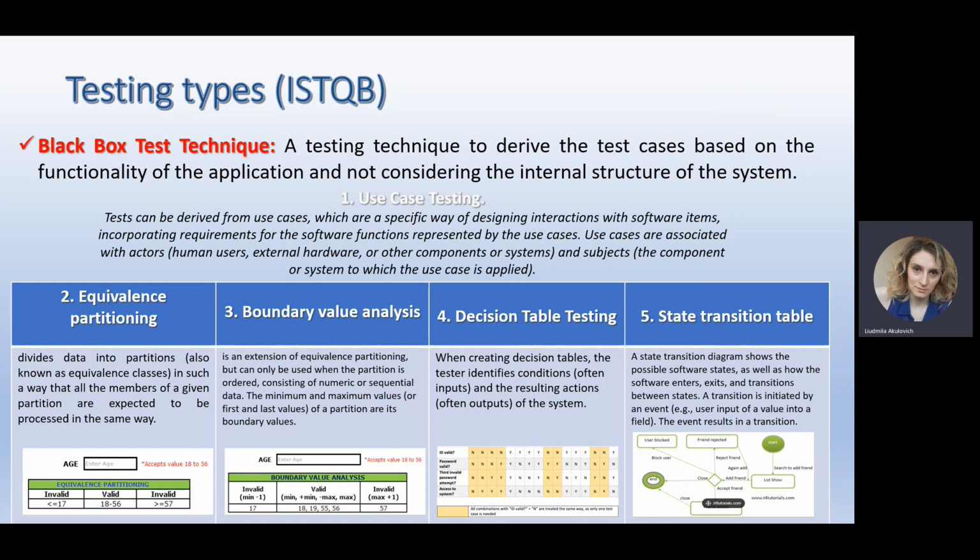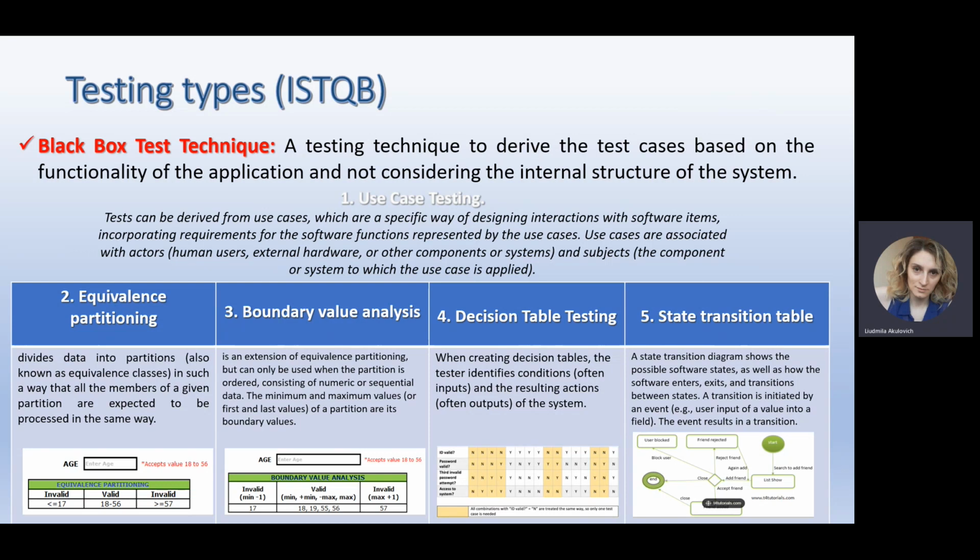If we are talking about equivalence partitioning, in this case the data is divided into portions, and the given portions are expected to be processed by our system in the same way. Boundary value analysis is an extension of equivalence partitioning and can be used when the partitioning is ordered. So these are portions of minimum and maximum values plus boundary values.